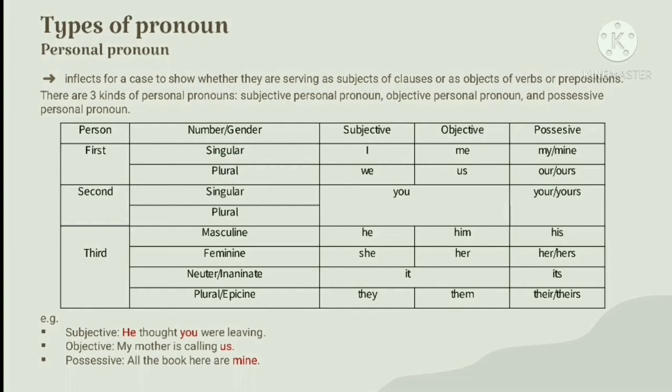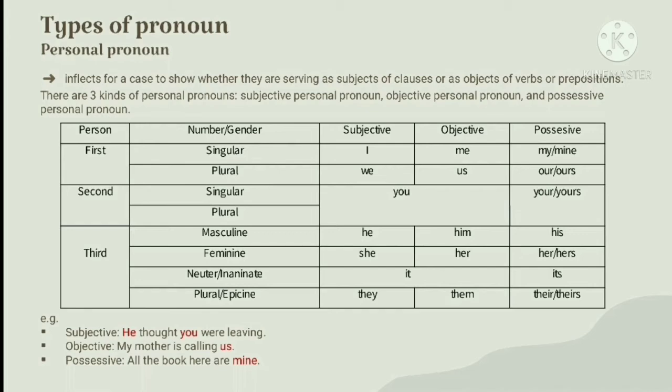Okay, the last one is for third person. There are masculine, feminine, neuter, inanimate, and plural. For subjective personal pronoun, we have he, she, it, and they. For objective personal pronoun, we have him, her, it again, and them.